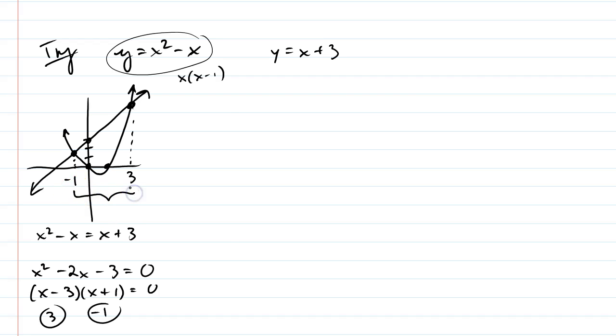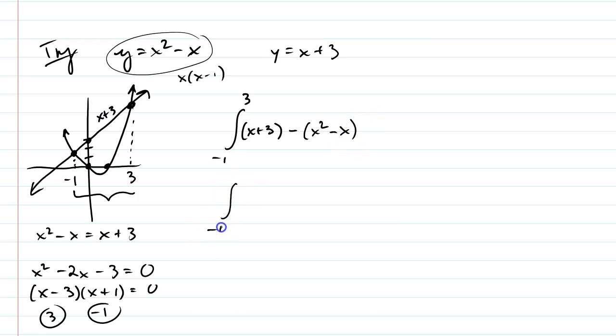We're going to be integrating over that area. So -1 to 3. And then which function is on top? The top function is x plus 3. We're taking away, or finding the difference between x squared minus x.